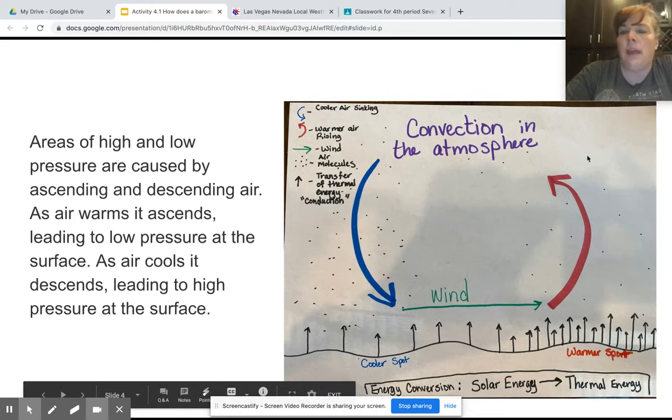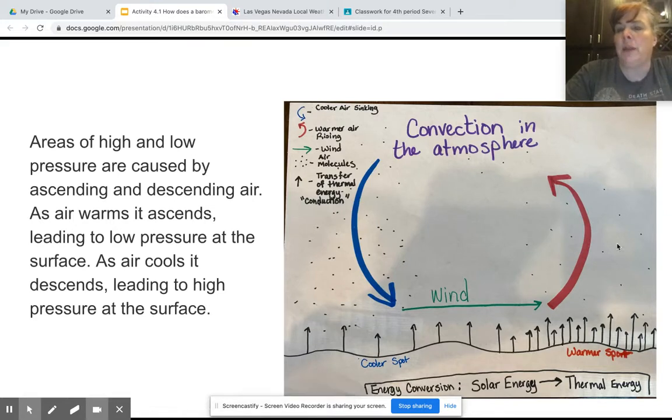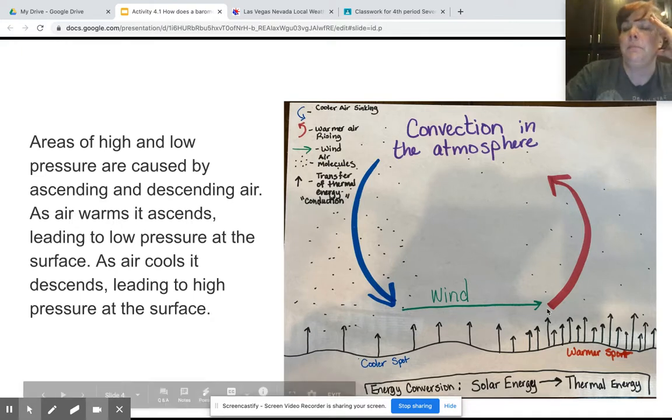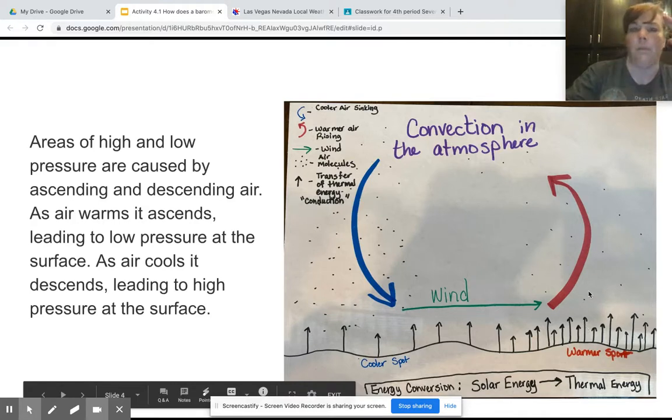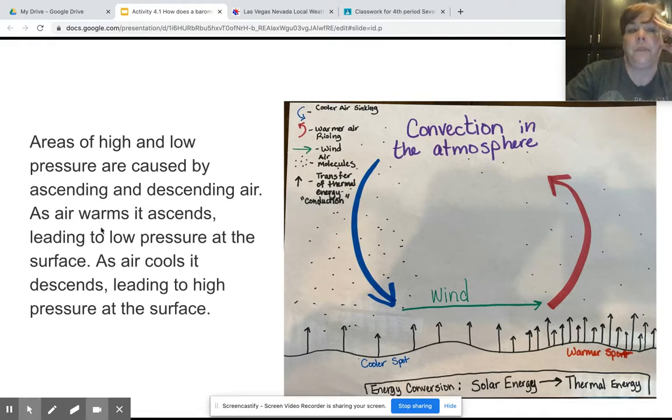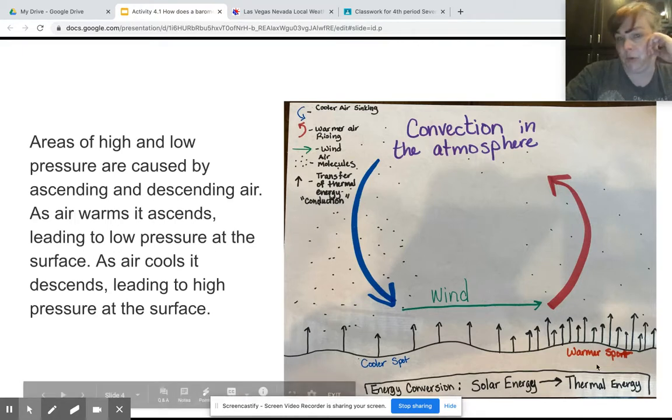Because it's warm here, the air molecules spread out farther, which makes it buoyant. We've already talked about how convection works, but it means there is less pressure here pushing down because it's rising up. As air warms, it ascends, leading to low pressure.